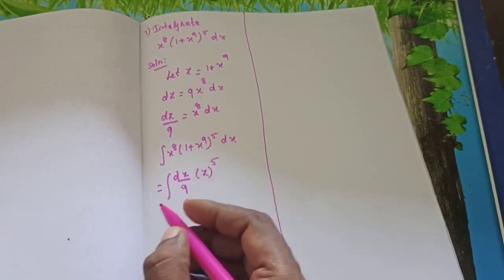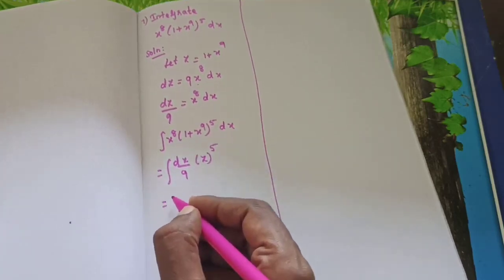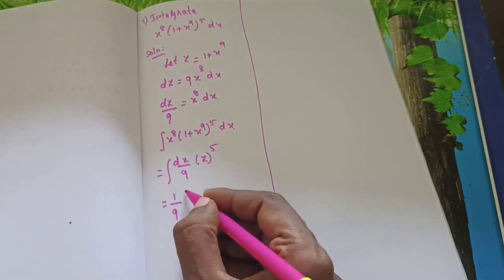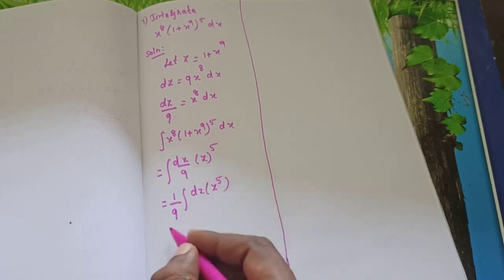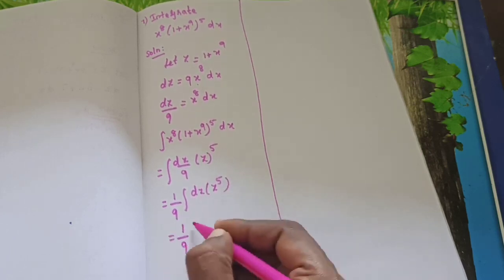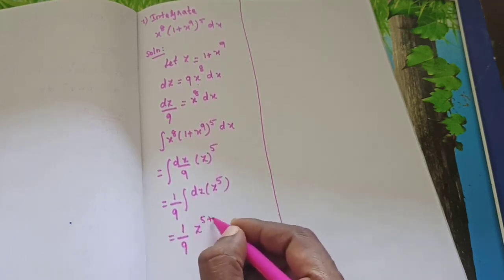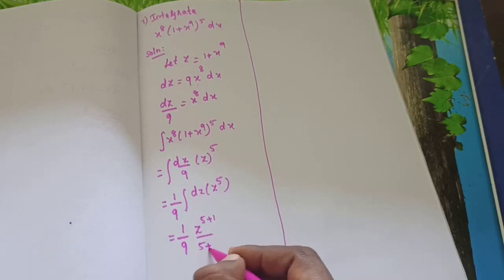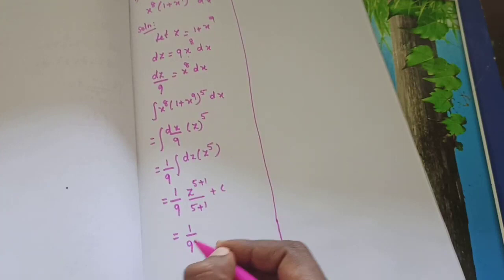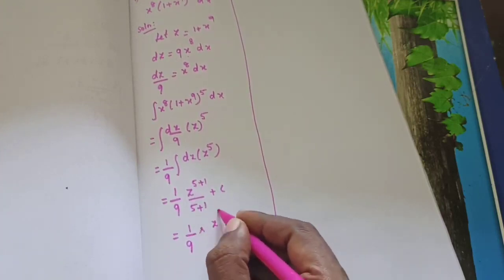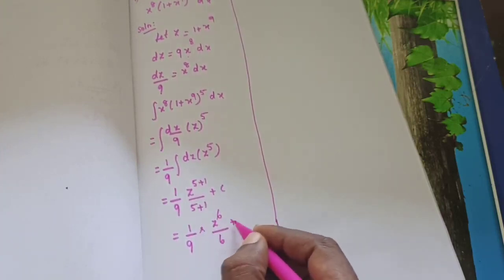So that's equal to, shall I take the 1 by 9 outside? Constant. So dz into z power 5. Now you can integrate. 1 by 9 into z power (5 plus 1) divided by (5 plus 1) plus c. That's equal to 1 by 9 into z power 6 divided by 6 plus c.